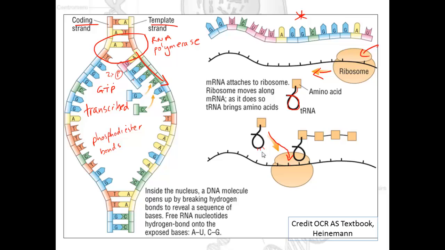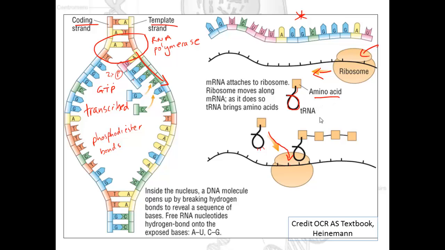Now the triplet base here will correspond to 1, 2, 3 bases here. And so the sequence of bases here will determine which tRNA comes in to bind. More of that on the other videos. Have a look at protein synthesis for A2 biology if you want an expansion on that.